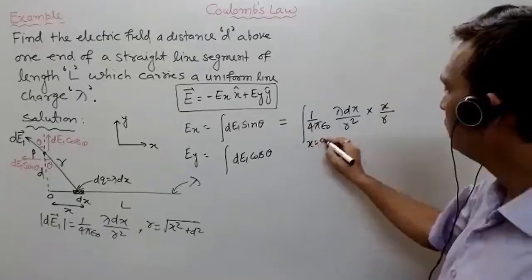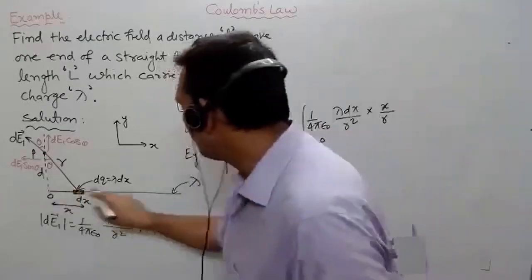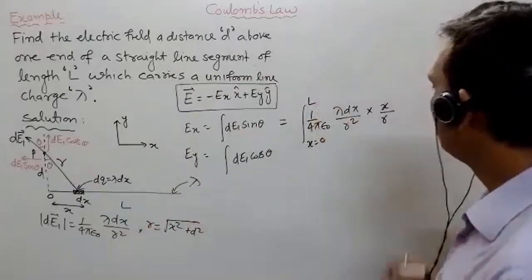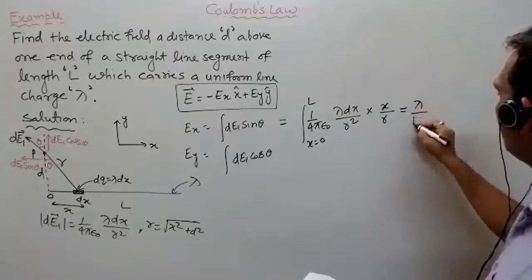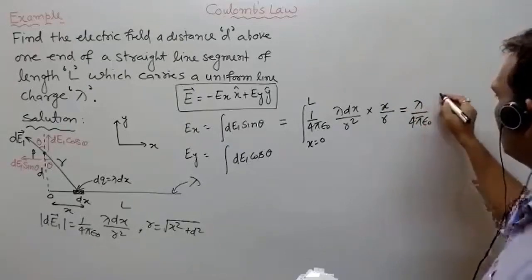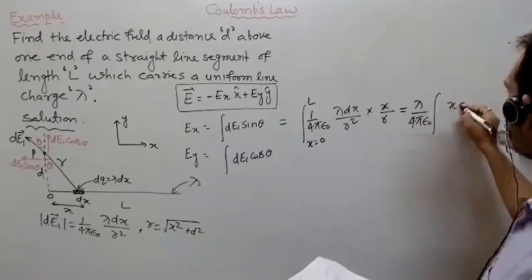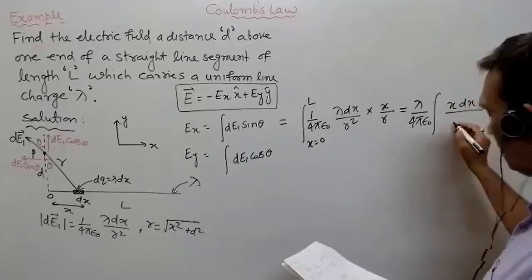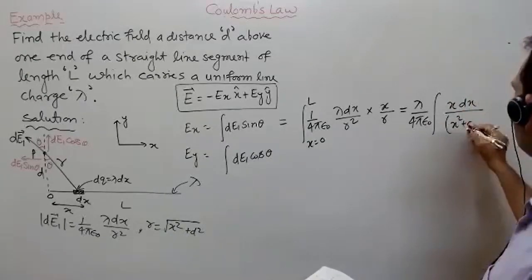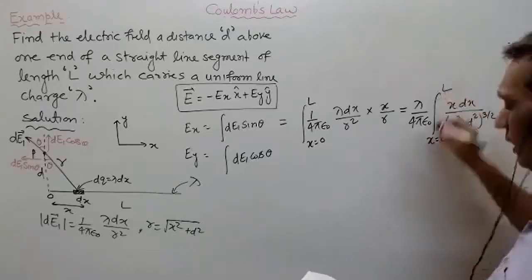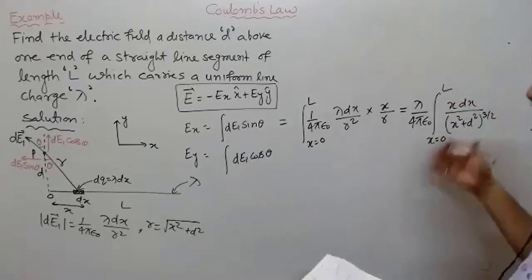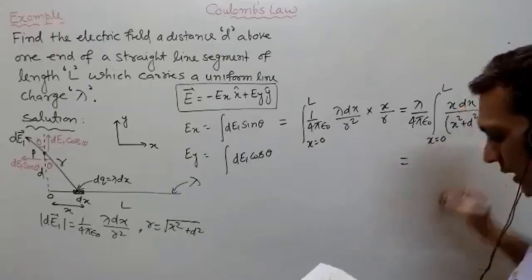X will be 0 to, now in this case the limit will be 0 to capital L. So if you integrate this, you will get lambda by 4 pi epsilon naught integral x dx by x square plus d square power 3 by 2, x from 0 to L. So now you have to integrate this.